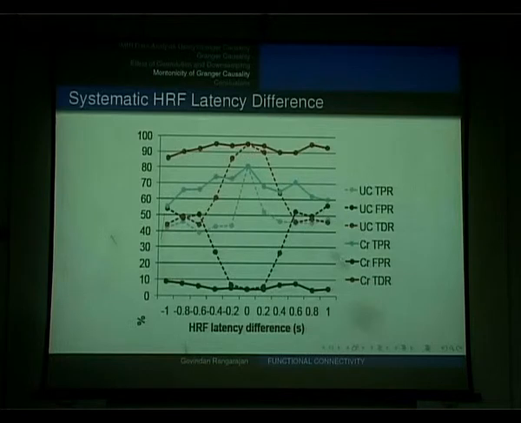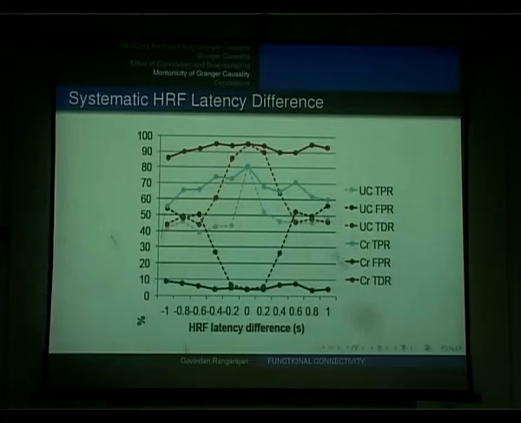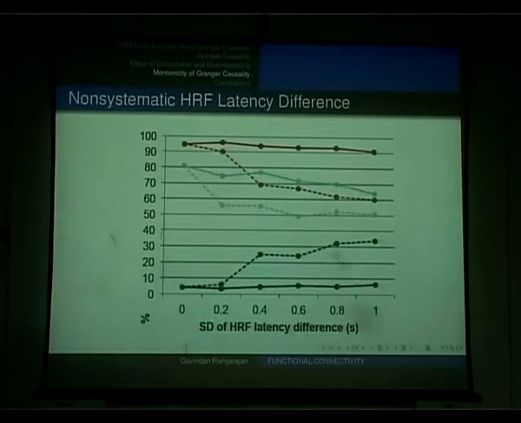If you do not correct, the true prediction rate just drops as you have differences in the HRF latency, the time at which the HRF peaks. But if you correct for it, then you get a pretty flat curve where the prediction remains pretty good. So there is a nice mapping from the neuronal level signal to connectivity at the BOLD fMRI level. You can do the same thing for different conditions.